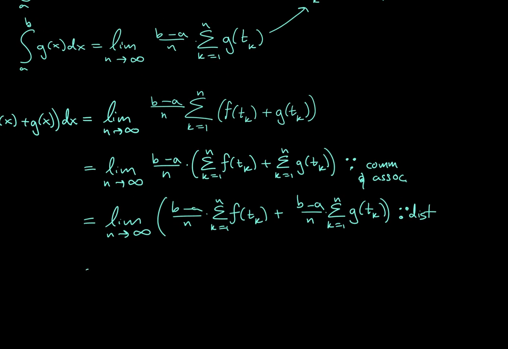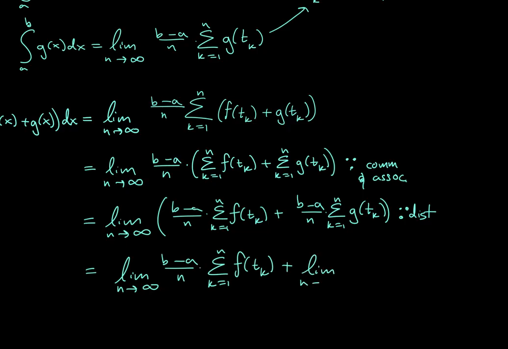But this is the same thing as the limit as n approaches infinity of (b minus a)/n times the sum of f of t sub k plus the limit as n approaches infinity of (b minus a)/n times the sum as k ranges from 1 to n of g of t sub k.